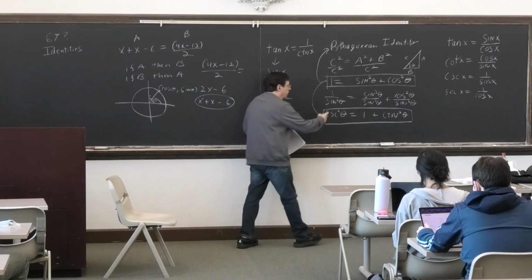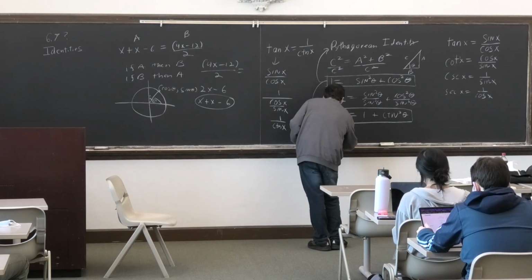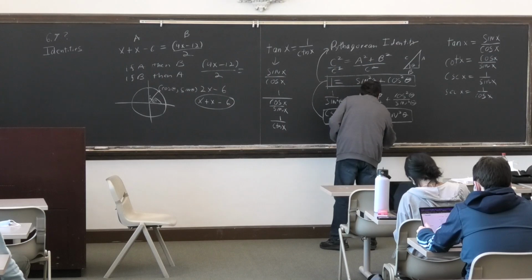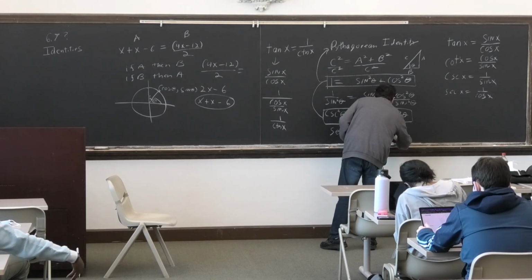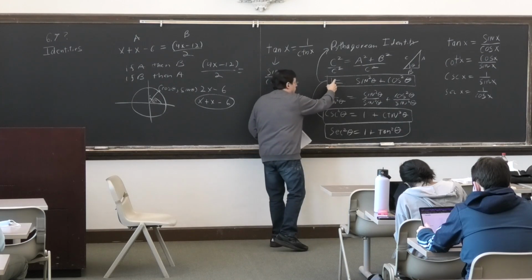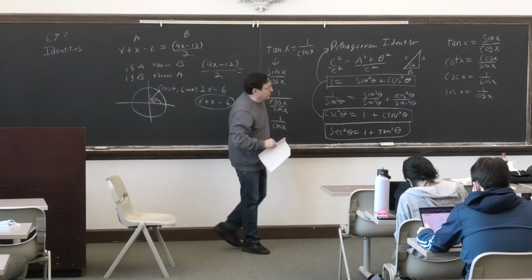And likewise, if I instead divided by cosine squared, what would I get? I would get secant squared equals 1 plus tangent squared. Next to the first version, this last version is the one you probably see the most.